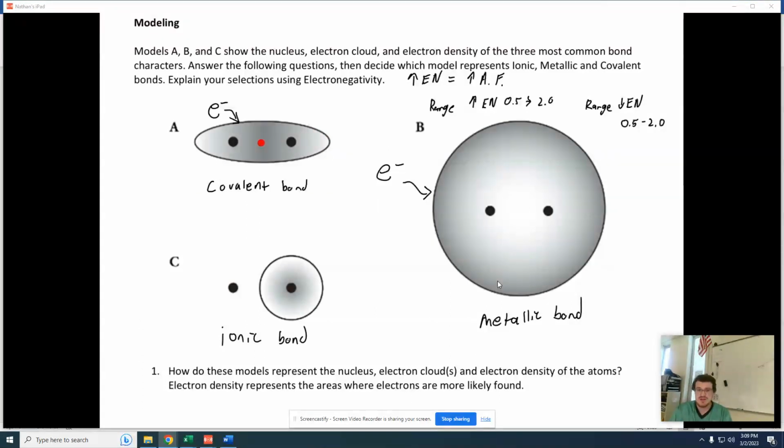Pump an electron on this side, whoosh, gets pulled into the middle because that's where the attractive forces are the highest. So when we're defining our covalent bonds, when we're in our reasoning section, we could mention that covalent bonds are not good at conducting electricity because all of the electrons would get stuck in between these highly electronegative atoms.